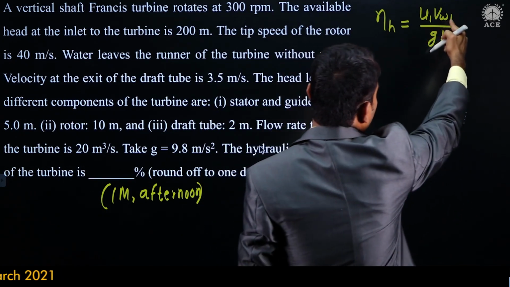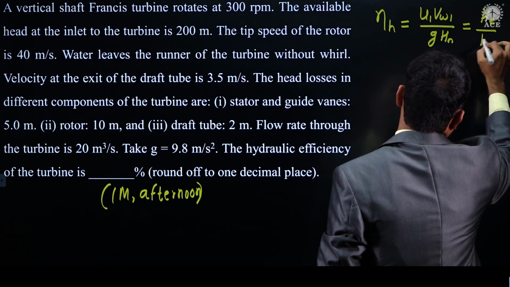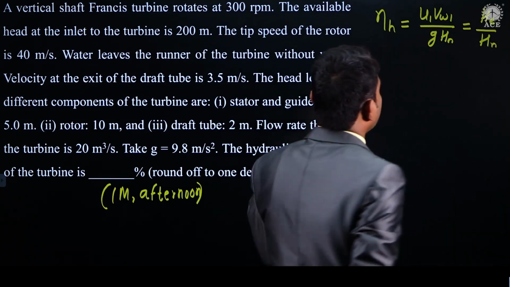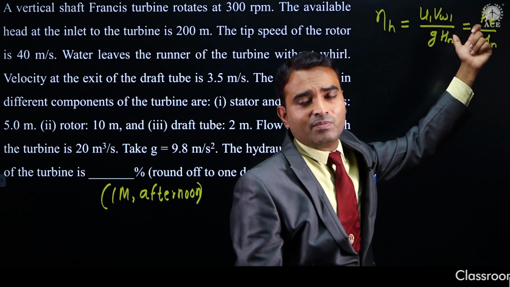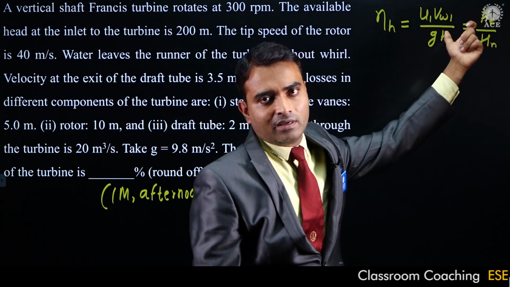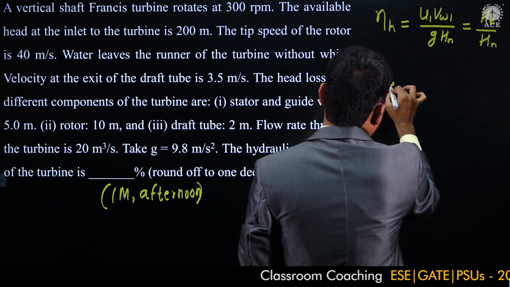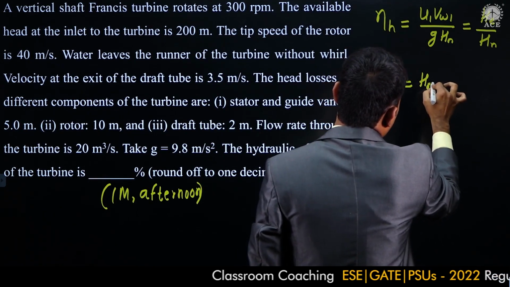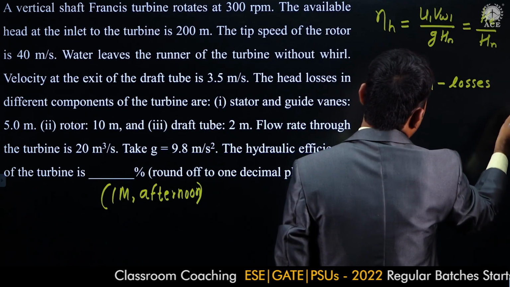So VW1 U1 divided by G is called Euler's head, HE, divided by H. Euler's head represents the theoretical power output generated by the turbine, right? Now how to calculate this? HE is nothing but net head minus losses.